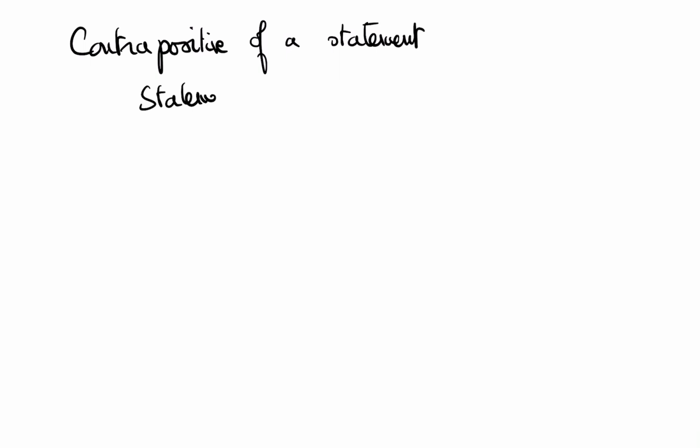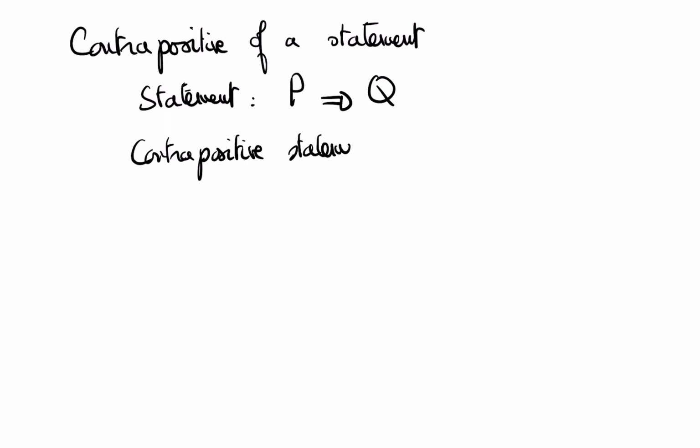The contrapositive of a statement. So say the statement is P implies Q. Well, the contrapositive statement is not Q, sorry, implies not P. Example.